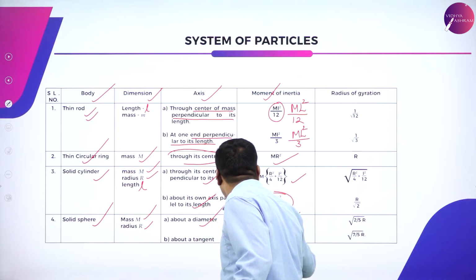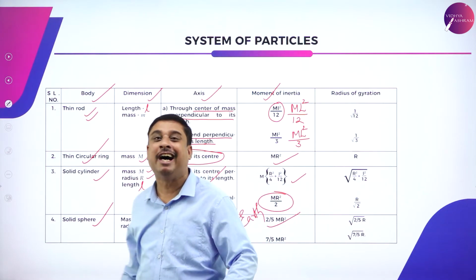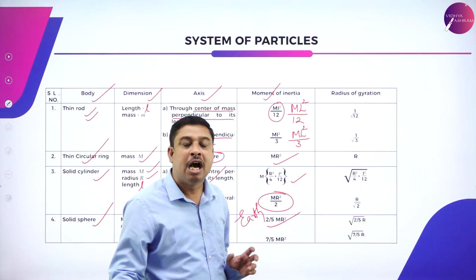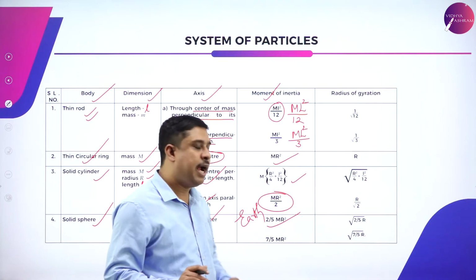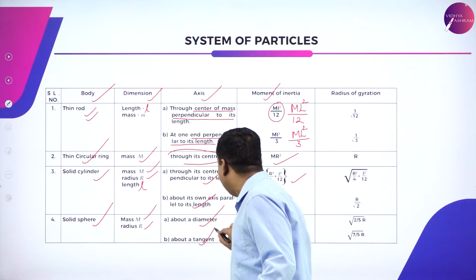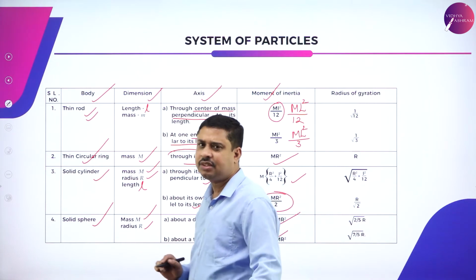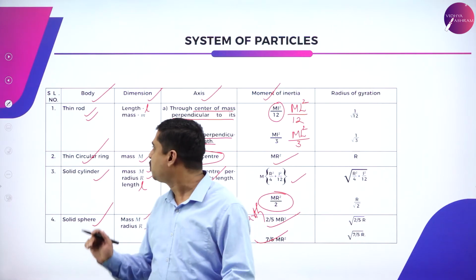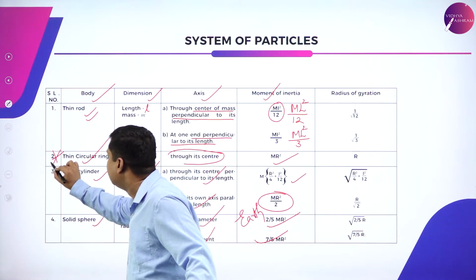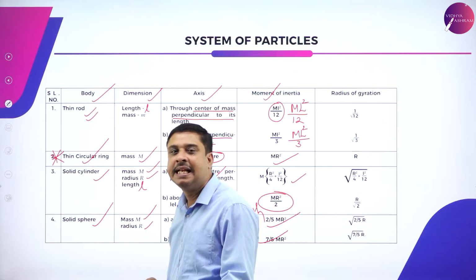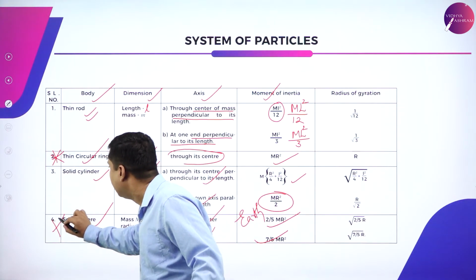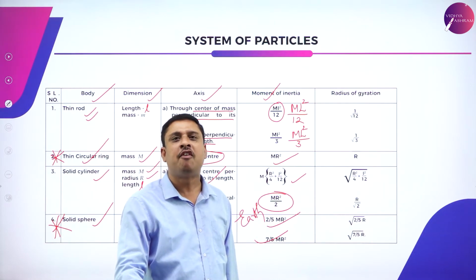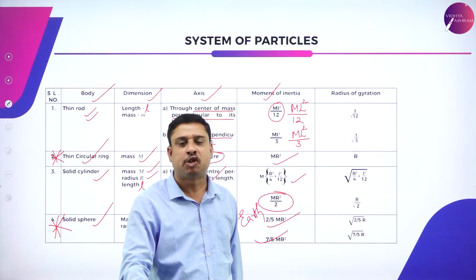Usually this is also the moment of inertia of Earth, where Earth is considered to be a solid sphere, and moment of inertia about a tangent is 7 by 5 mr square. So please note here the dimensions thin circular ring and dimensions solid sphere is often considered for calculations.